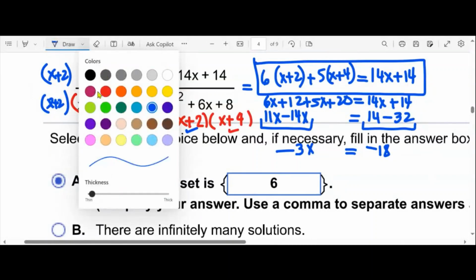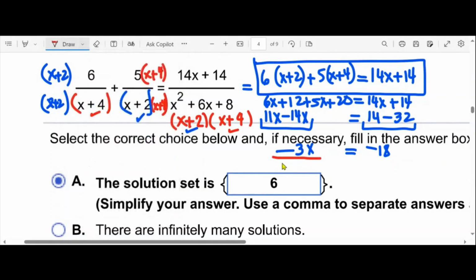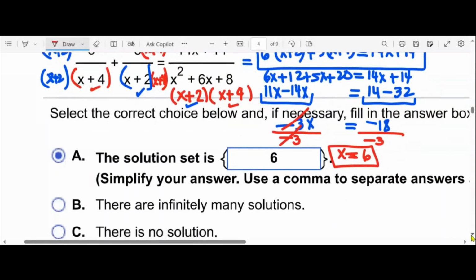Khalid, what should I do to get rid of the negative 3? Divide by negative 3, which will give us 6. If you do something on one side, you need to do it on the other side. So negative 18 divided by negative 3 gives you 6. Good. Is that clear? Yes, doctor.